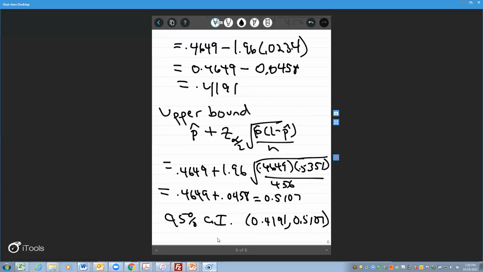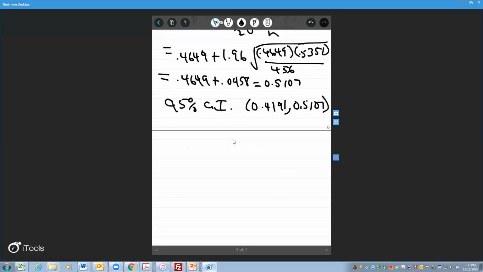How would it change if I wanted to do a 90% confidence interval? Well, the only difference would be I would change this value based off of a 90% confidence interval, or alpha being 10% and alpha over 2 being 5%. So a 90% confidence interval would use z alpha over 2 as 1.645.